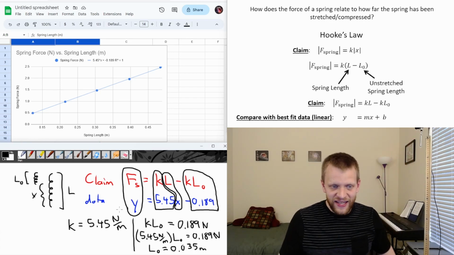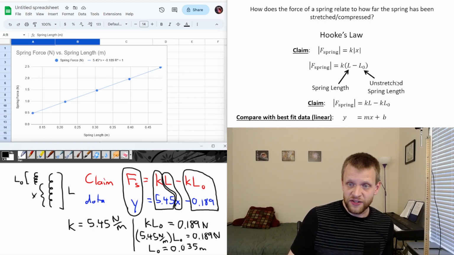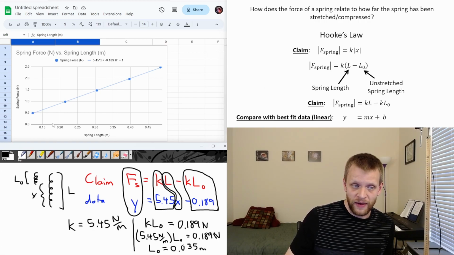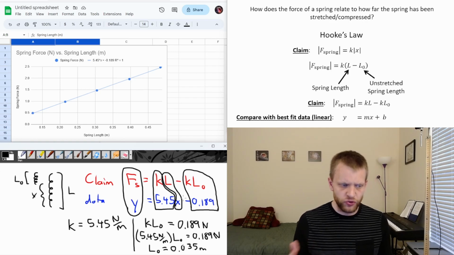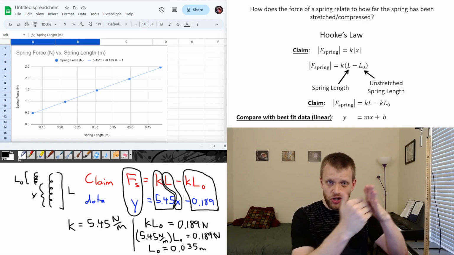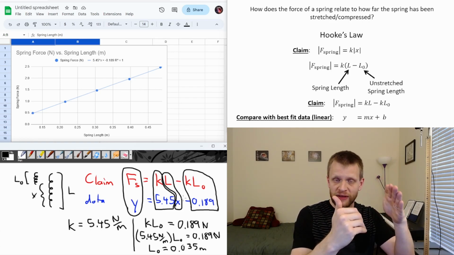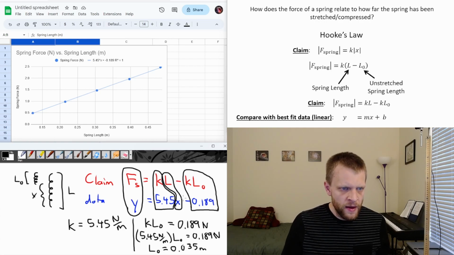So as we compare this claim with our data, first, we do still get that our spring force versus spring length graph is a nice linear graph, which matches the predictions of this Hooke's law model. We get this unstretched length that's pretty close, in the ballpark of what we'd expect, especially if those rungs are actually pushing against each other and would want to go a little bit more relaxed if they possibly could.